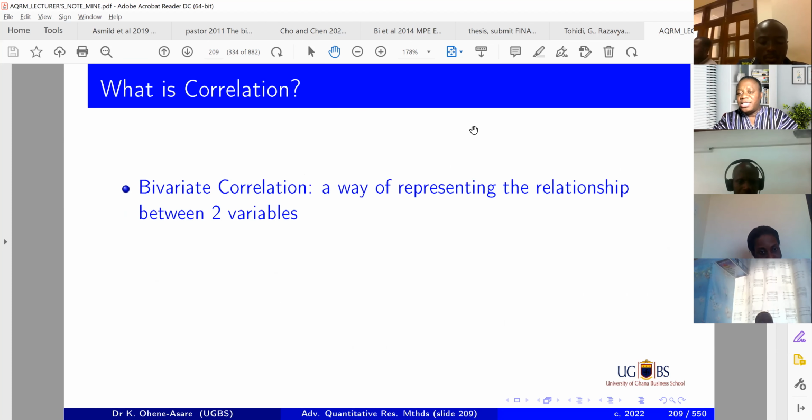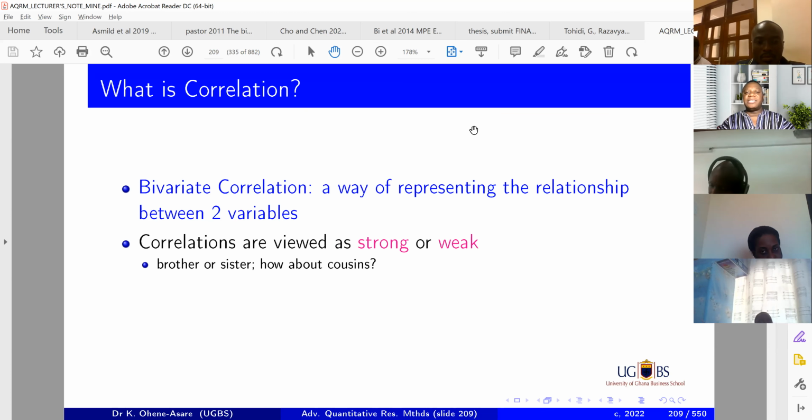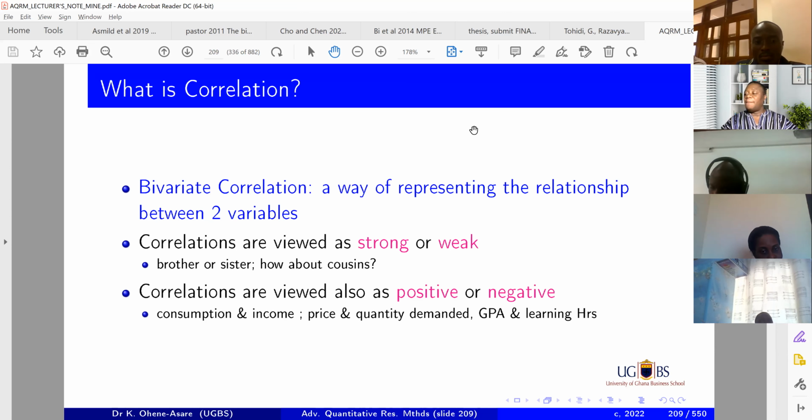So correlation deals with the association between two variables. Take note of that. The relationship between two variables. So let's take some examples. Correlation can be positive or negative, but it can also be strong or weak. Who can tell me this?